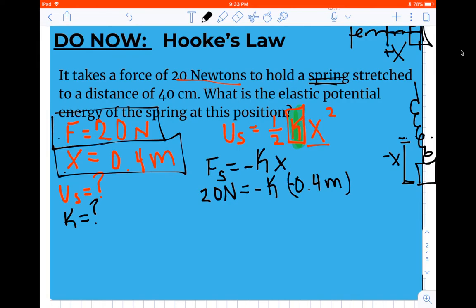So I'm going to decide to make K negative instead of force negative. Regardless, again, they must have opposite signs.